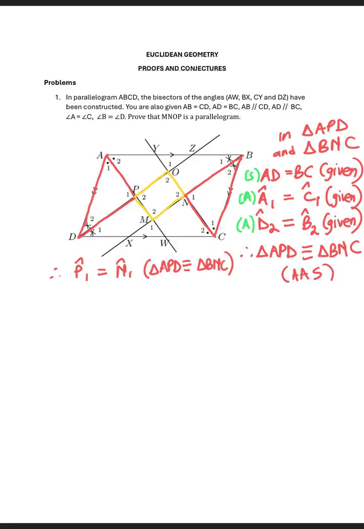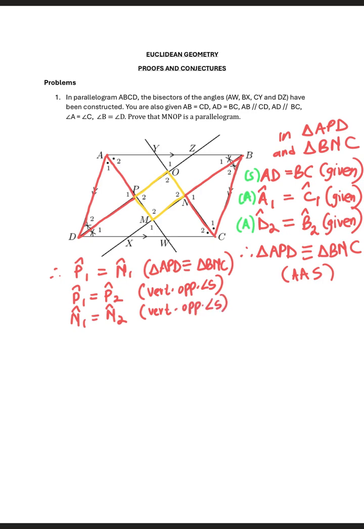And then after that, we can say angle P1 equals angle P2. Reason: vertically opposite angles. And then angle N1 equals angle N2. Vertically opposite angles.